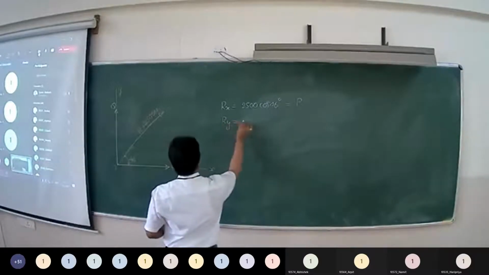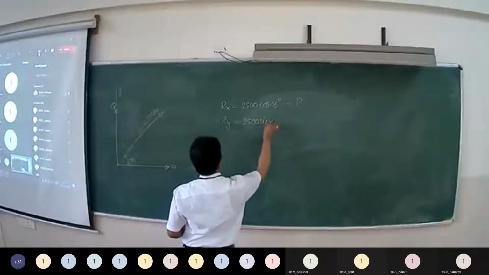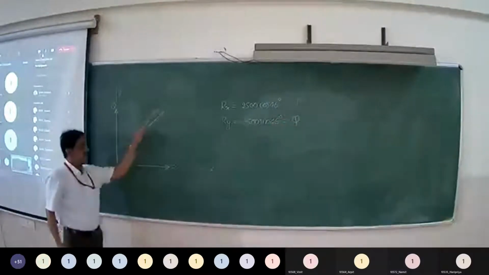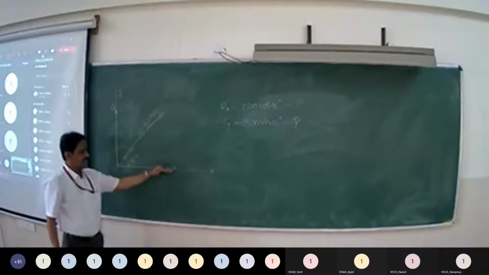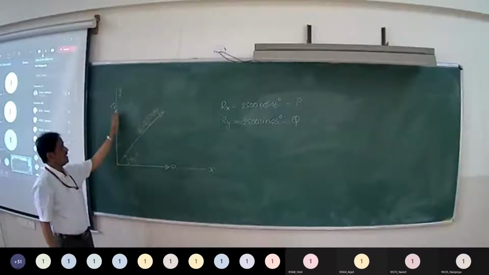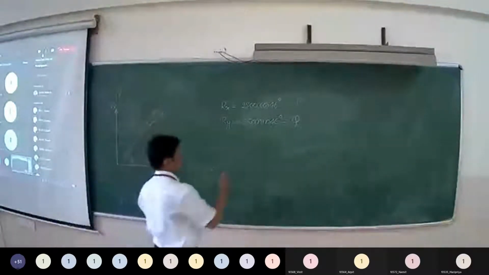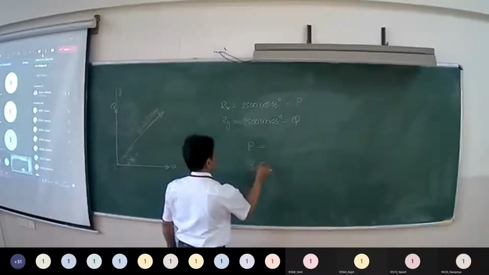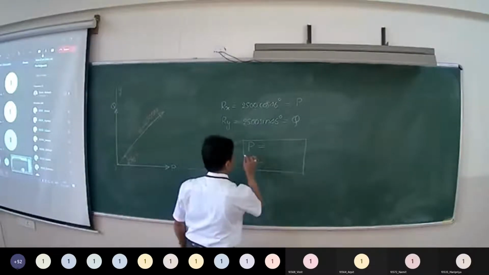Similarly, the y component of resultant is 2500 sin 46. The x component of resultant is nothing but the magnitude of force P, and the y component is the magnitude of force Q. So calculate the magnitudes of forces P and Q.